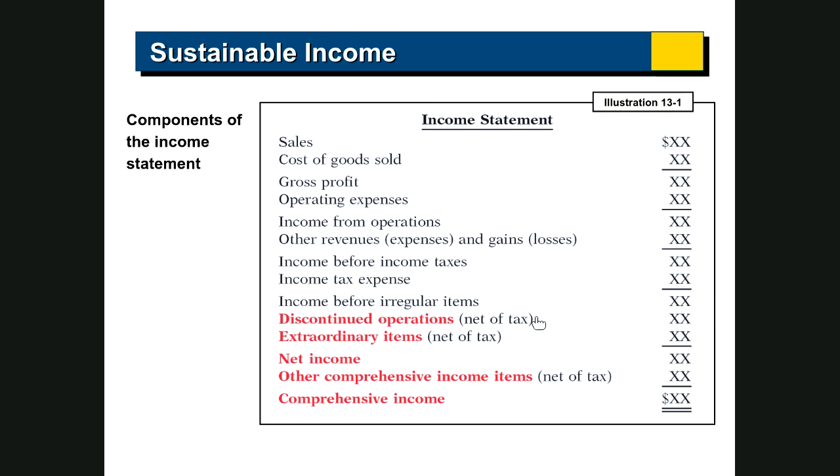This line will show 40,000, 50,000 income minus 10,000 tax. So net of tax means, because we already calculated the tax in the other income, any income that comes after this will be put in net of tax. The tax of that item will be calculated separately, and it will be shown without tax.